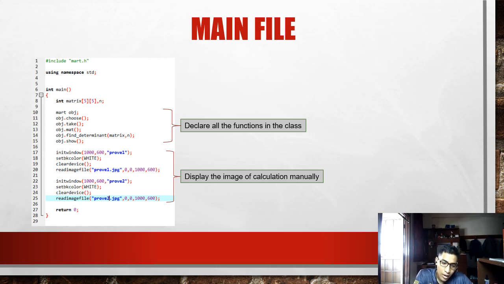I said earlier, why is there only one function that I put a variable in it, object obj dot find determinant? Why do I only use that? Because if I do not put it like this, the compiler will be confused.